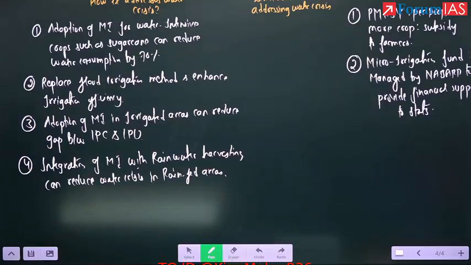Integration of micro irrigation with rainwater harvesting can reduce water crisis in the rain fed areas. Understood, everyone?